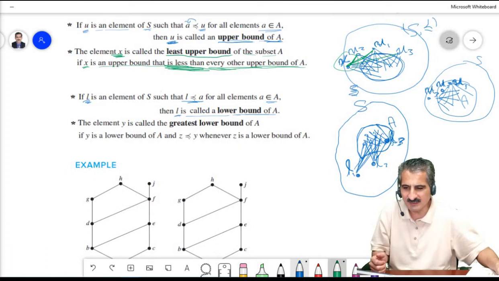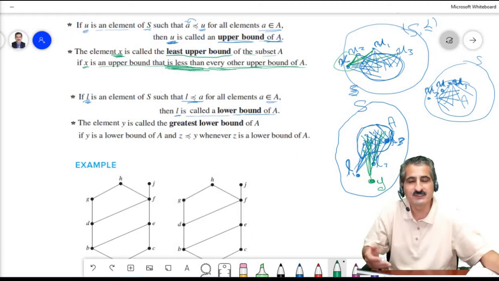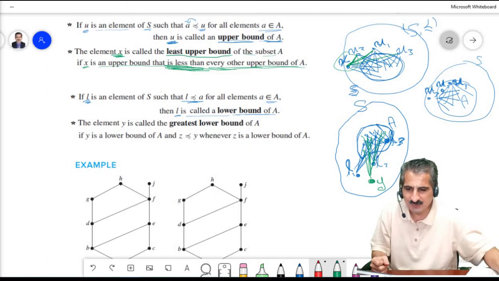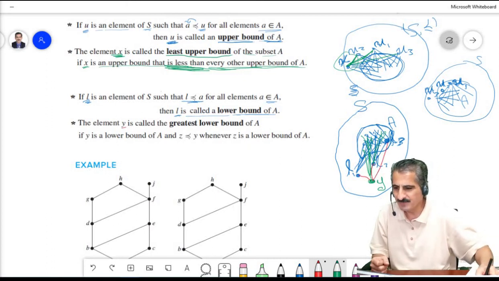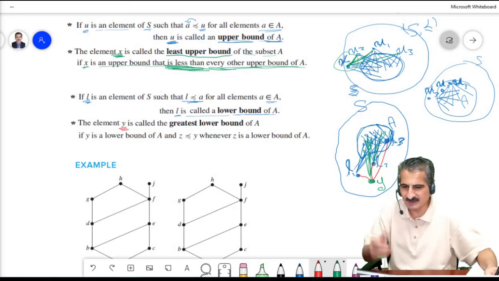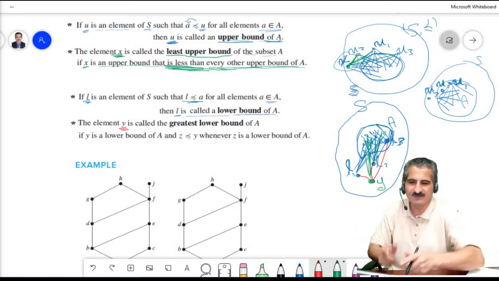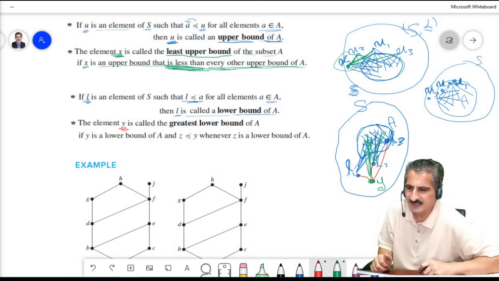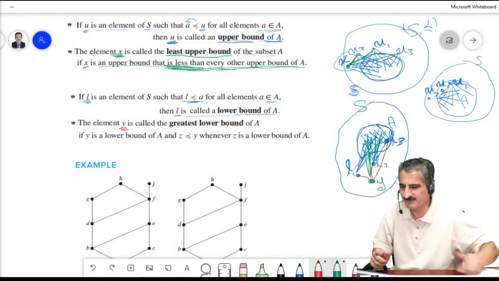We might find now another one which we call Y, which is smaller than any element in A. So it is a lower bound of A, but it is also greater than any other lower bound. Sorry, I need to fix my diagram. This is so bad.